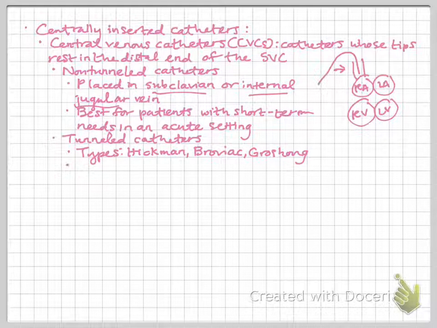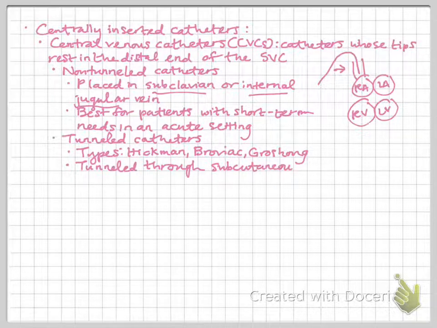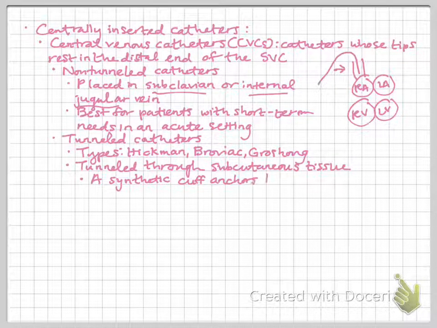And the key is that the catheter is tunneled, and there are images in the book, through subcutaneous tissue in the chest, and a synthetic cuff called a Dacron cuff anchors the catheter within the subcutaneous tissue.